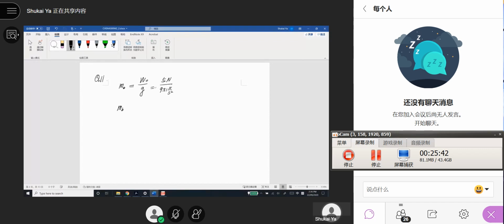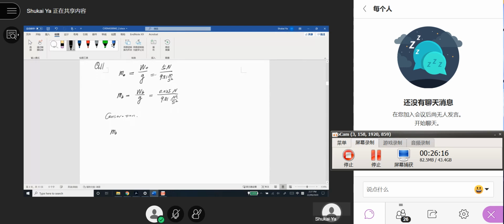For the bullet, and because of the conservation of momentum, MB times V0 should be equal to M0 plus MB times u0 dot.